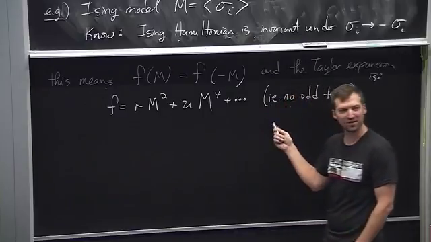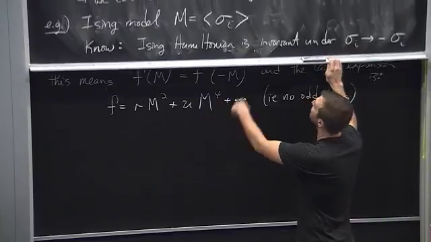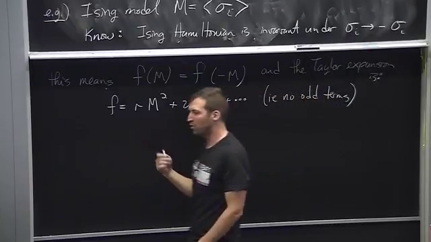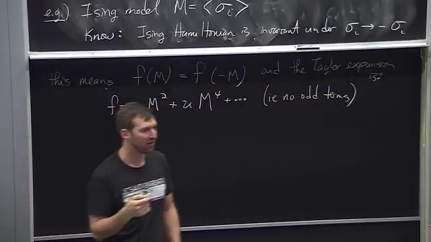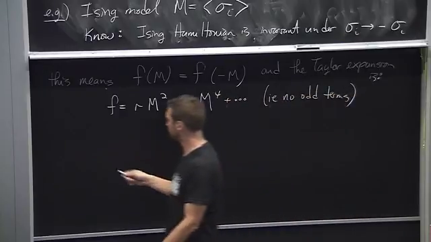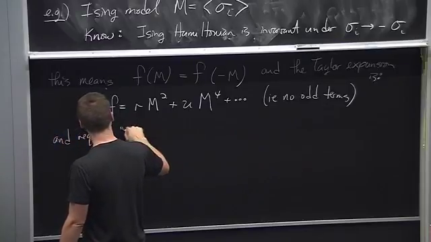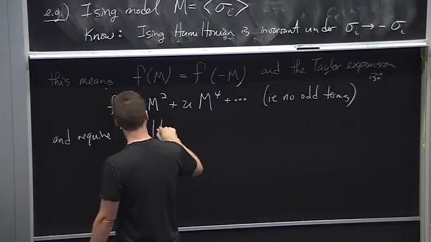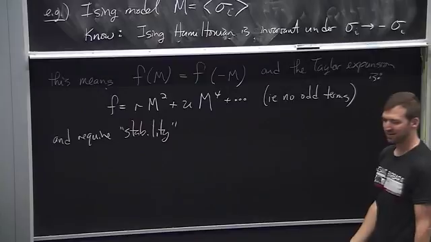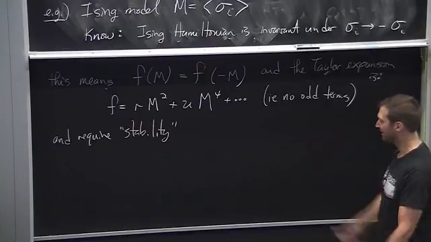When do we know how to stop the expansion? Okay, so this M squared plus M fourth, we derived it there. We didn't go any higher. So we stop the expansion when we know that our system is stable. And what stability means for us is that the free energy, as the order parameter goes to infinity, is positive.